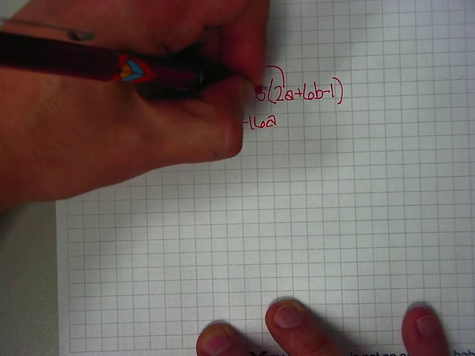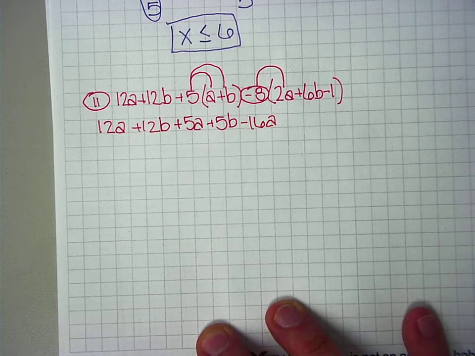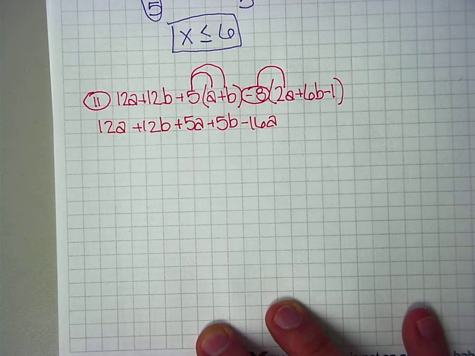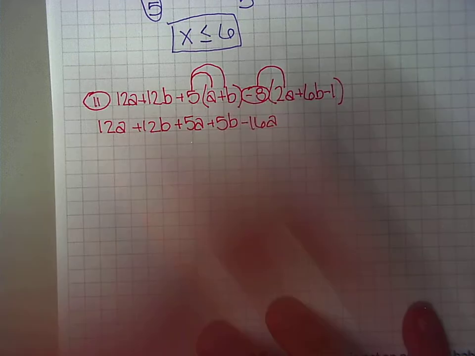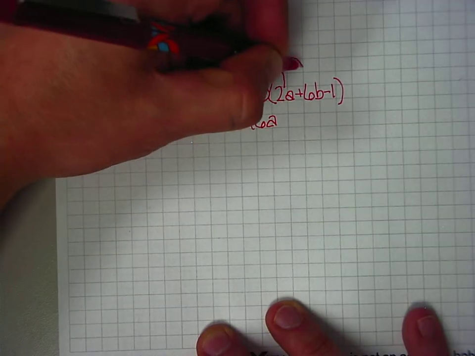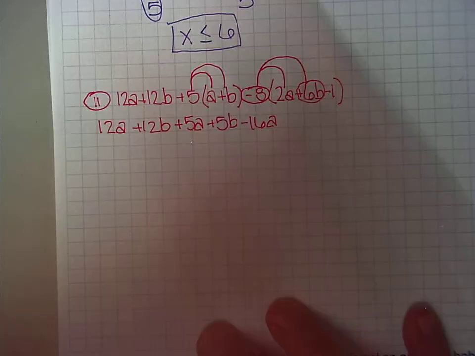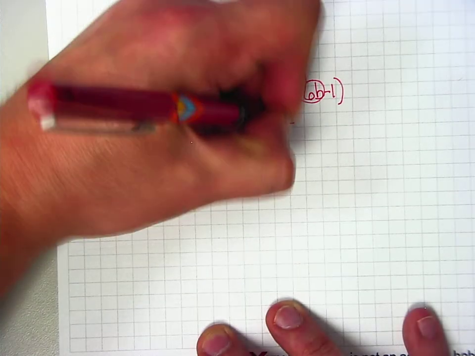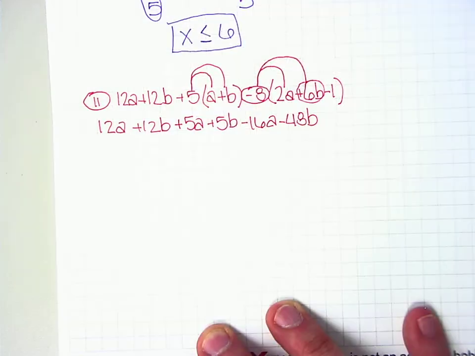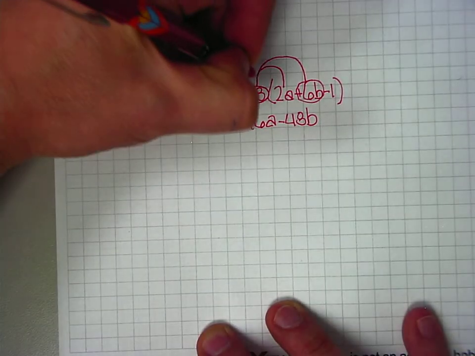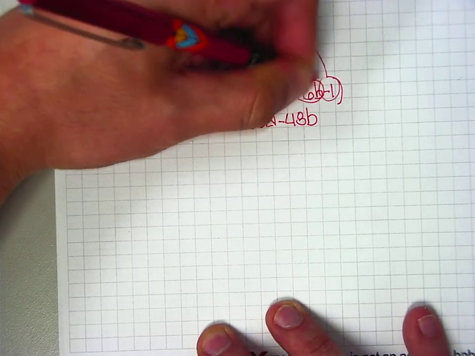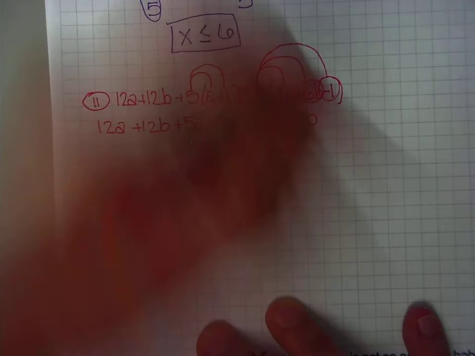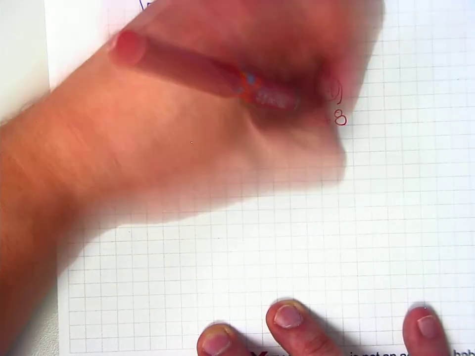Because remember, you have to take the sign and treat it like it's the value of the number. So negative 8 now times a positive 6b, negative 8 times a positive 6 is a negative 48b. And then finally, my last term, negative 8 times a negative 1, a negative times a negative would give me a positive 8.